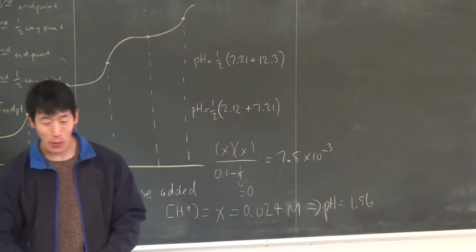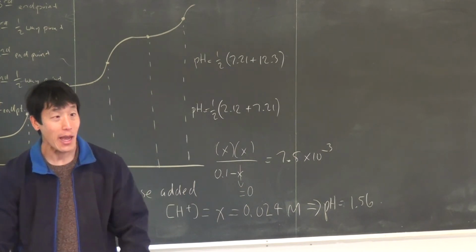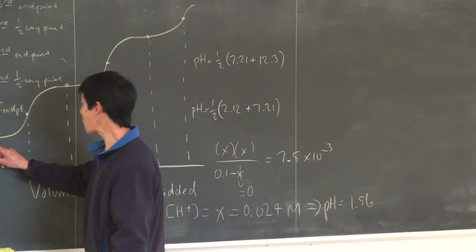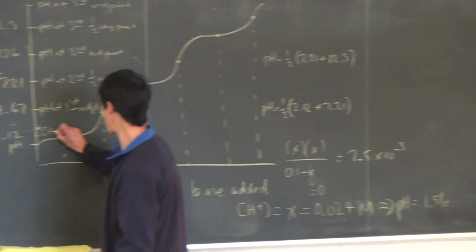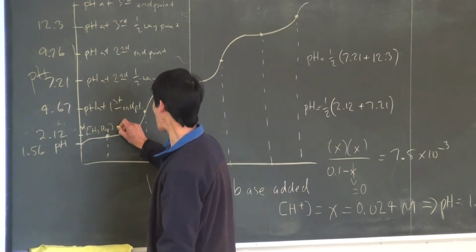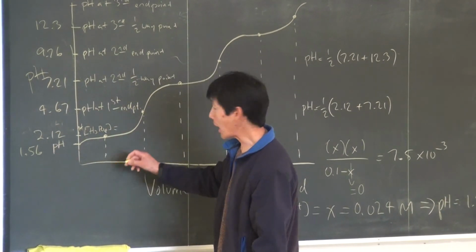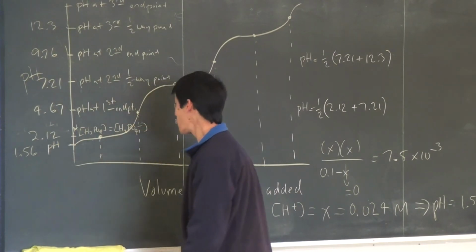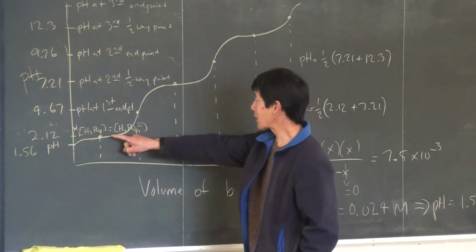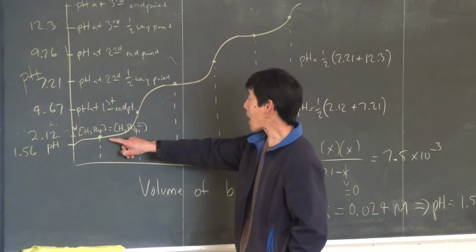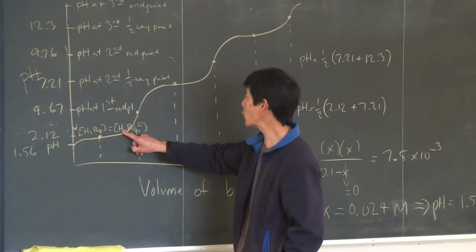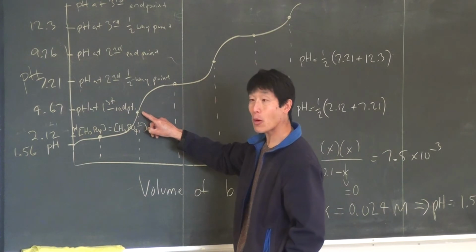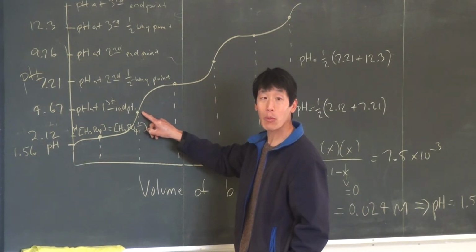Remember that at the halfway point, A minus equals HA. So at this first halfway point, you'll have H3PO4, and that concentration will be equal to H2PO4 minus. As the titration continues, after the first halfway point you'll have more H2PO4 minus and less H3PO4. At the first endpoint, what phosphorus compound will be present?